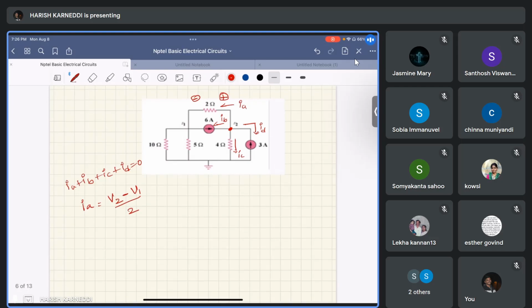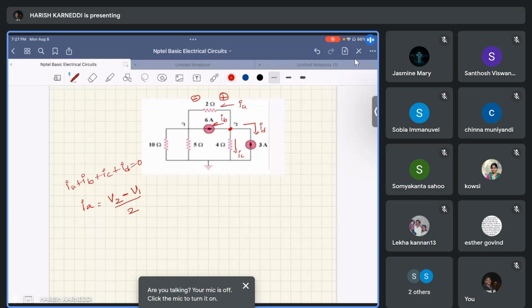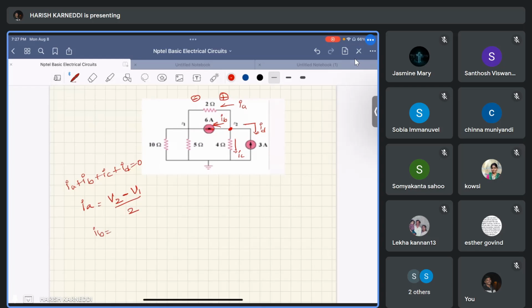Previously it was 6 amperes. Why? Because both are in the same direction. IB is in this direction and the 6 amps is in the opposite direction. So IB equal to minus 6 amps. Why? Because it is in the opposite direction to our assumed direction. I think it's clear, IB.